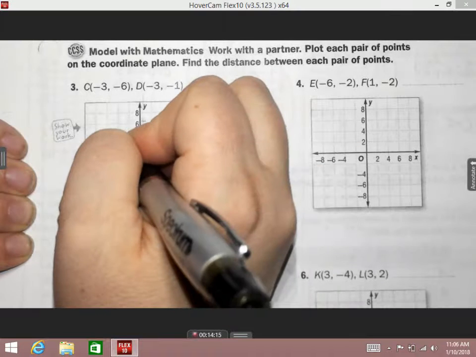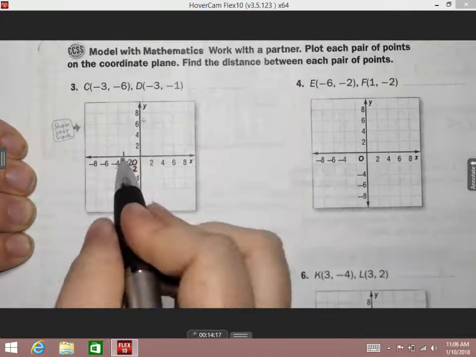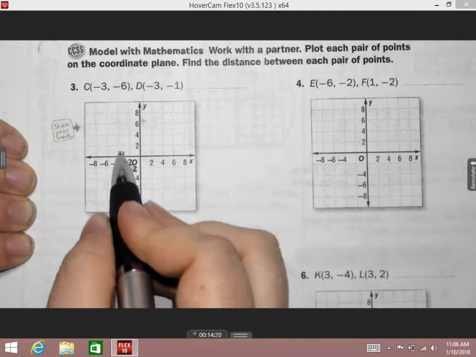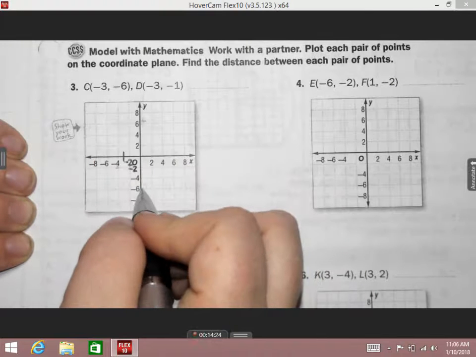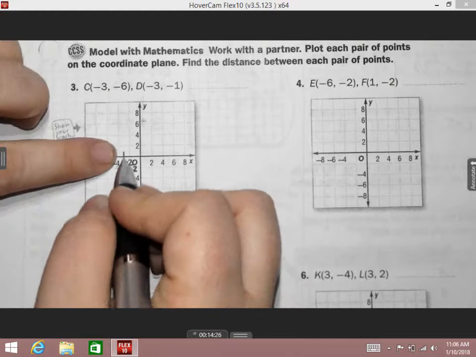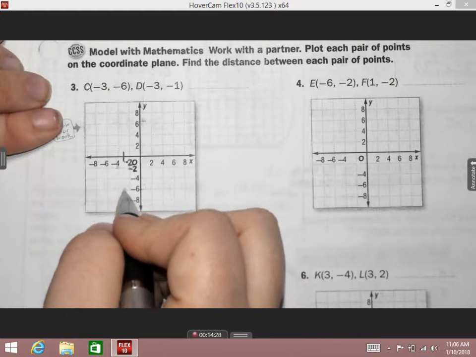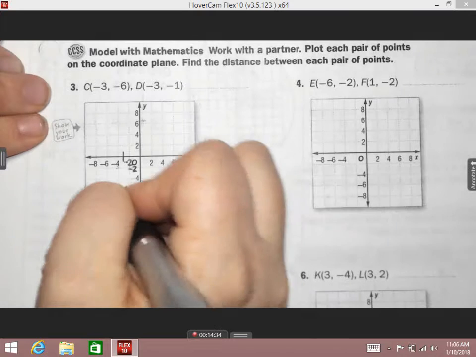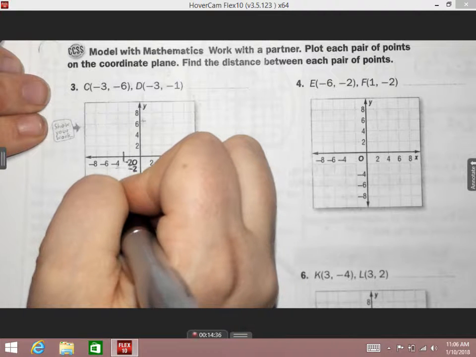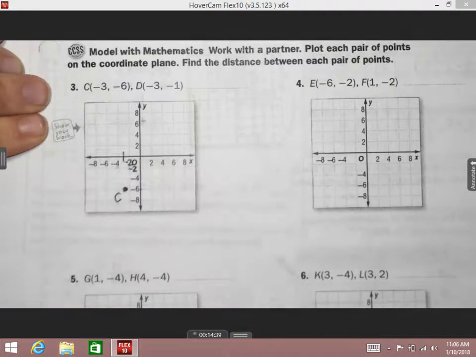No. But if I want to, just so I remember, I'm going to put a little mark there so I remember, hey, negative 3 is in the middle of those. And then I'm going to go down and find negative 6 on the Y. There it is. So there's where I marked negative 3. I'm going to go all the way down until I get to negative 6, and I'm going to put a point. What point is that called? C. That's C, right? It was named C.